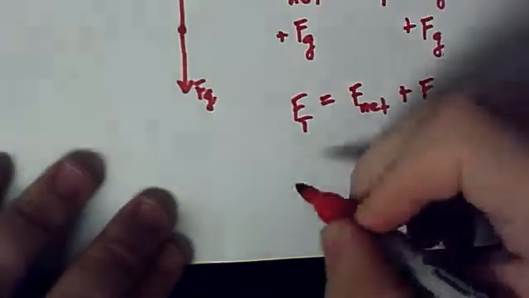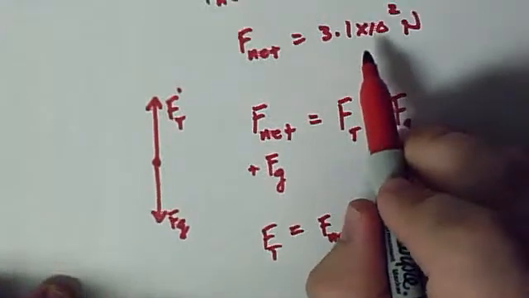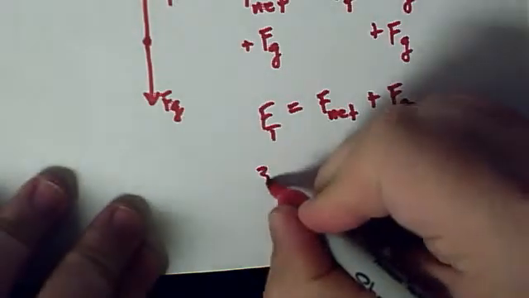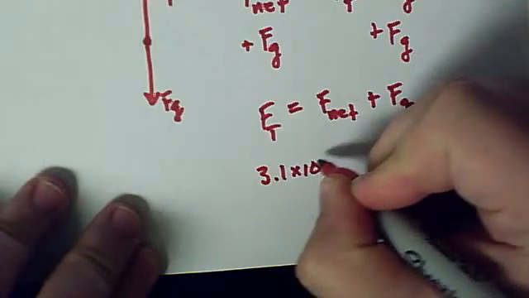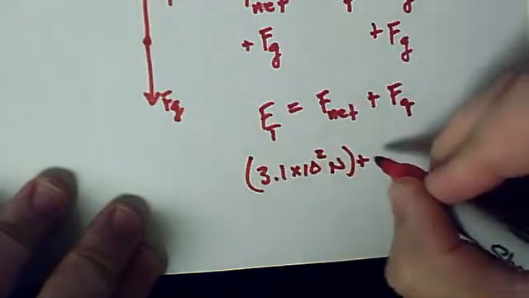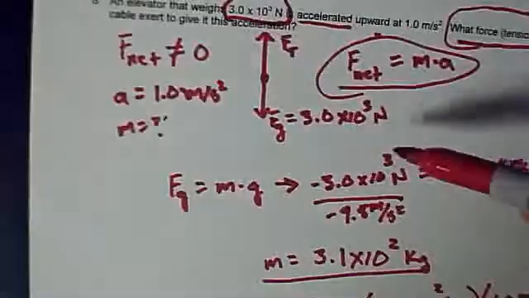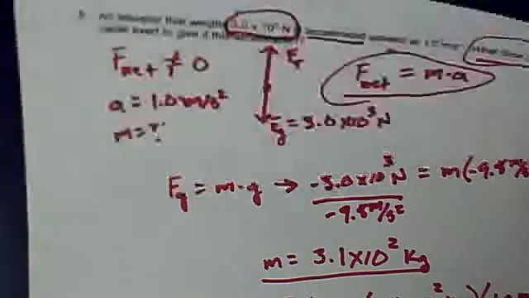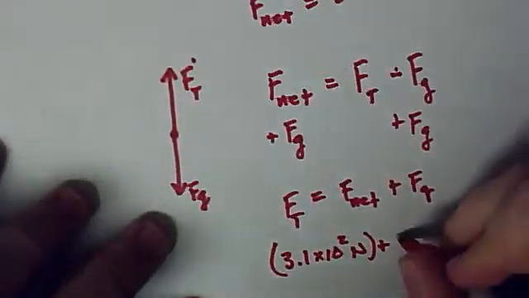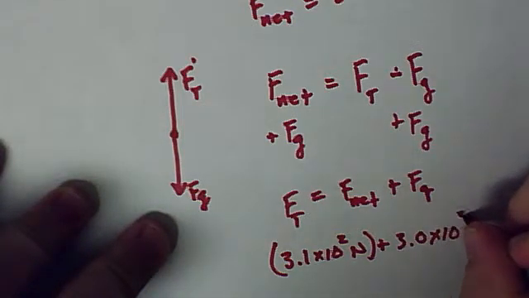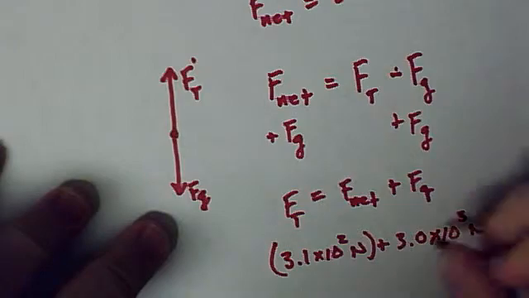Well, my net force, as we found just a second ago, is 3.1 times 10 to the 2 newtons, plus my force of gravity, which is 3.0 times 10 to the third newtons.